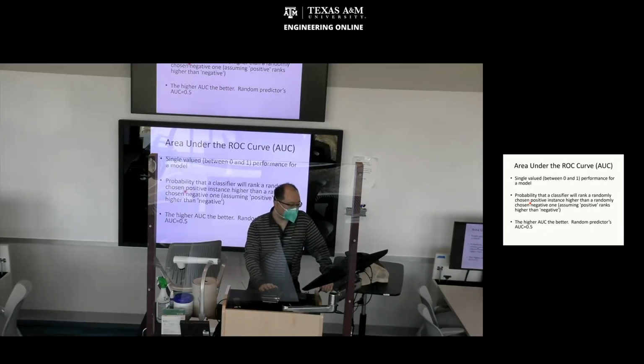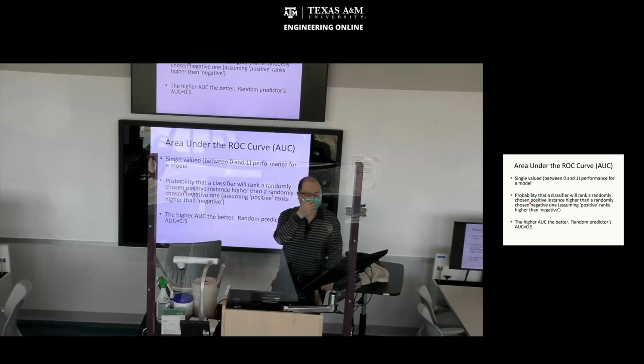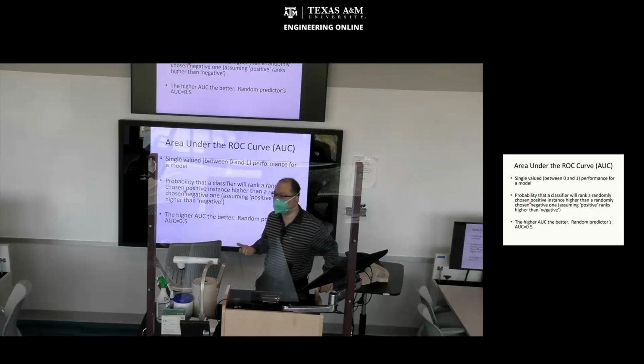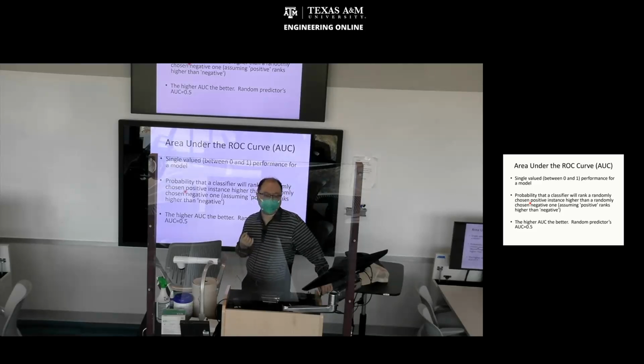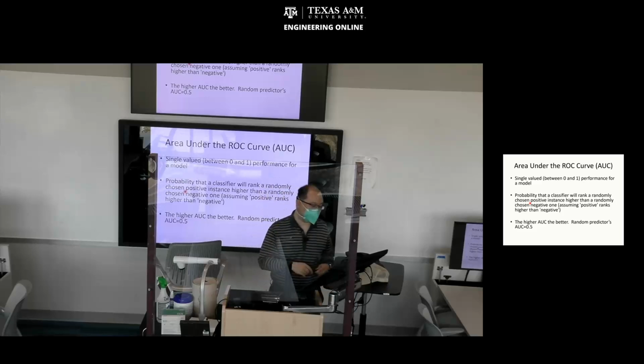Besides saying that this is a single-value performance between 0 and 1, which is very convenient, there's also a very deep reason for utilizing this area under the curve. It's not something heuristic.